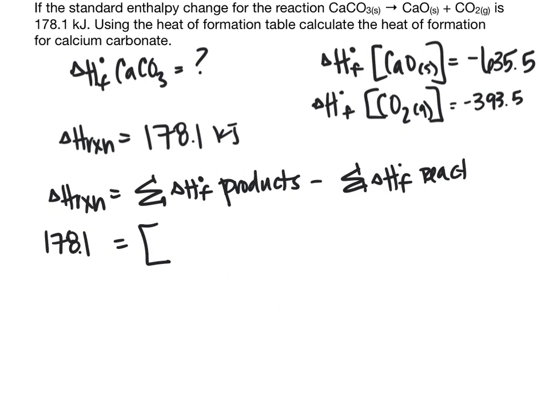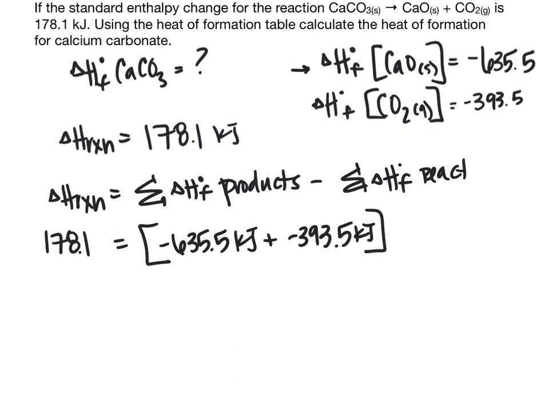So we have delta H naught F of calcium oxide, which is negative 635.5 kilojoules, plus negative 393.5 kilojoules, minus the delta H naught F of calcium carbonate.